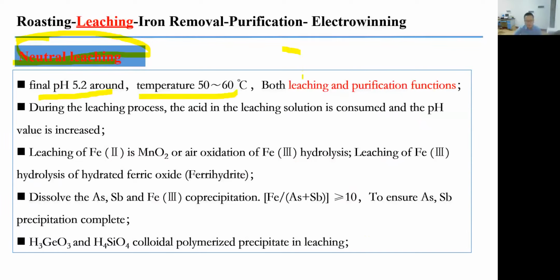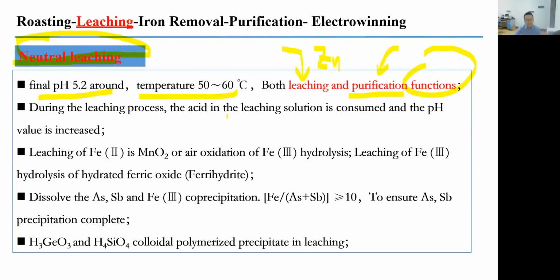The first one is leaching zinc into the solution, and the second one is the precipitation function. The precipitation removes iron, arsenic, antimony, silicon, and germanium. So those impurity elements will be separated from the solution, and those impurities report to the leaching residue. So with this single step, we have two functions.